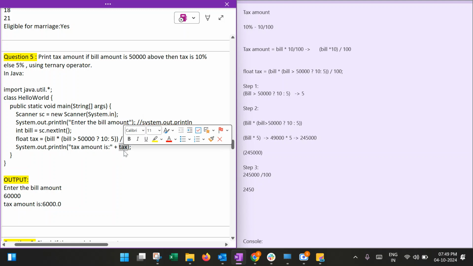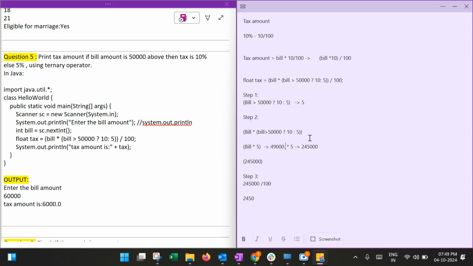Okay. Let me tell you another thing. Let's assume I gave 0.5 for the bill amount also, meaning a float value.